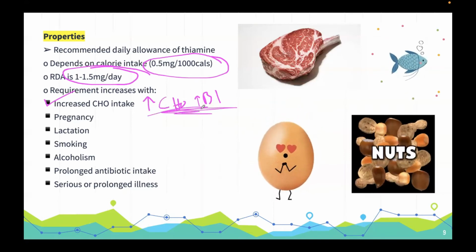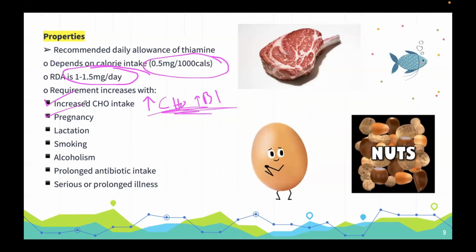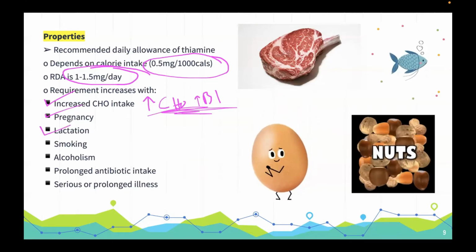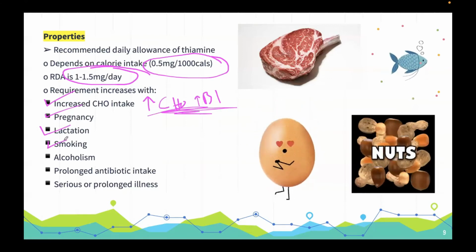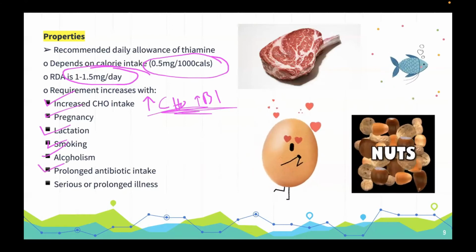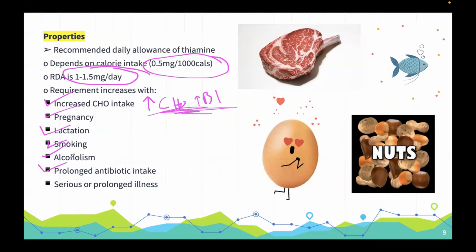Next, for pregnancy, there are instances where we need to keep up with the requirement. Next, for lactation, our lactating mothers, our smokers, our alcoholics, and prolonged antibiotic intake, patients who are under antibiotic medication.